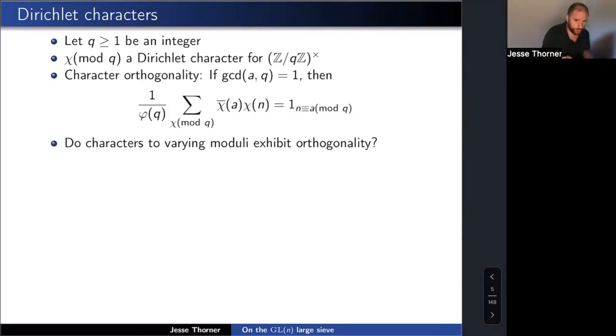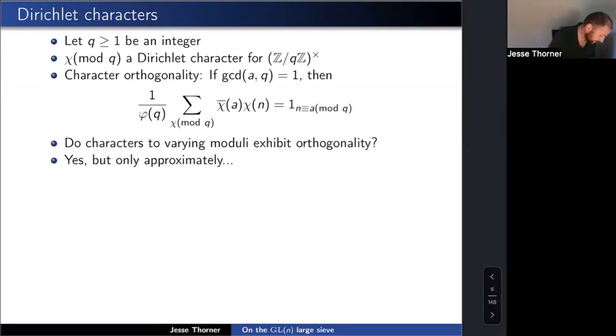And so what one could do is one could, on the one hand, embed the characters chi mod q and the characters chi mod q prime into a larger group, z mod q q prime star, but then you've inflated the conductors of all of the characters. You've inflated the modulus for the group, and we want to establish some kind of notion of orthogonality that holds without inflating the modulus. And we can do this, but only in an approximate sense.